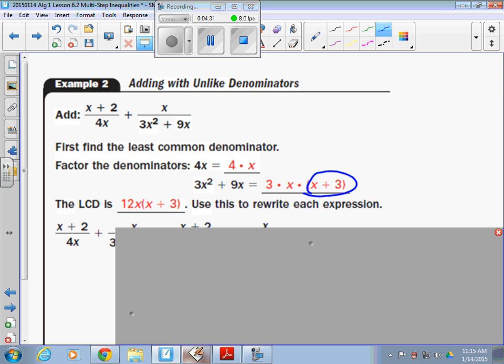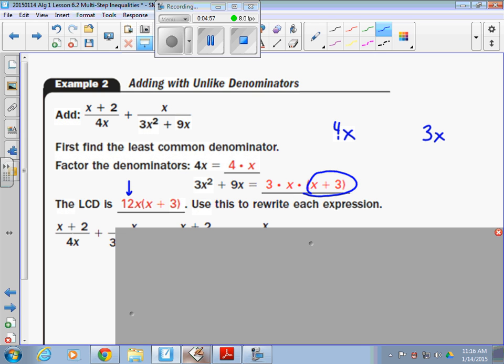And the other part comes from the fact that one of them has 4x and the other one has 3x. Now, 3 doesn't go into 4, and 4 is larger than 3, so you have to count by 4s until you find one that 3 goes into as well, and that's where you get 12x. So 12x is one part, and x plus 3 is the other.